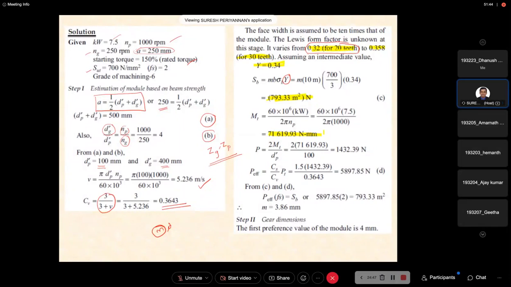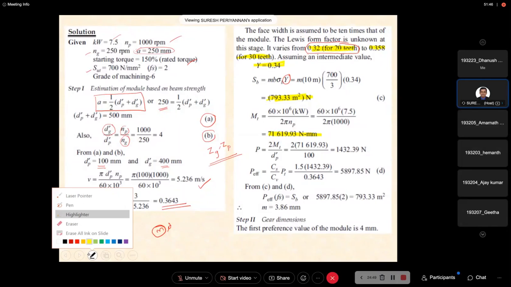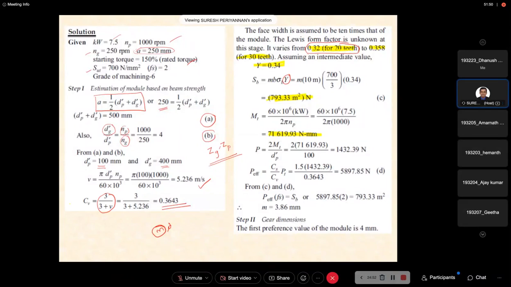Now once we know this, what is the Pt? Pt is required, because Sb is equal to P effective into Fs.